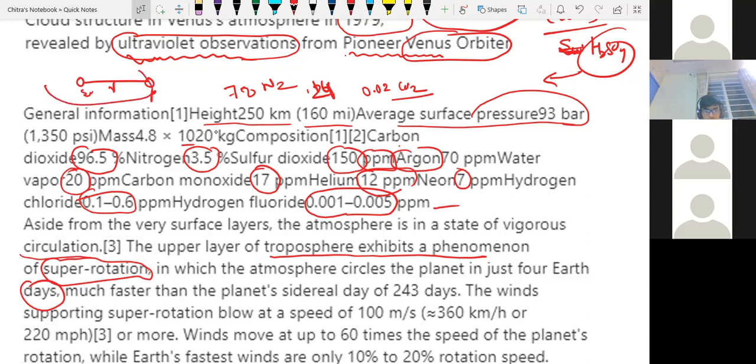And the period of revolution is represented by capital T. So according to the third law of Kepler, the square of the period of revolution is directly proportional to the cube of the mean distance between the planet and the sun.